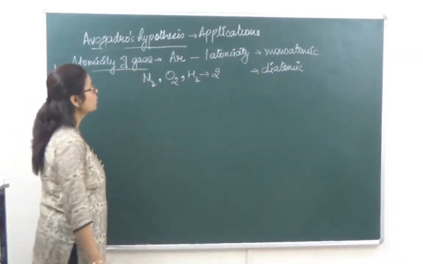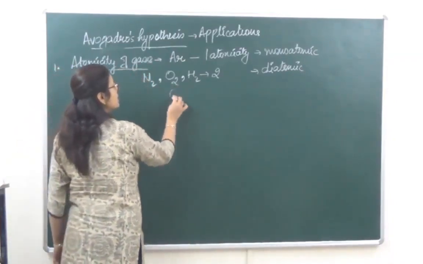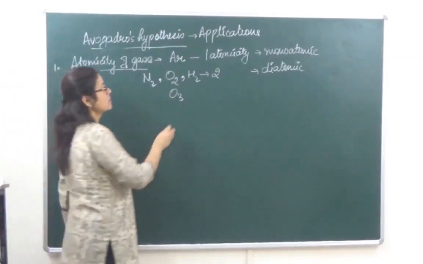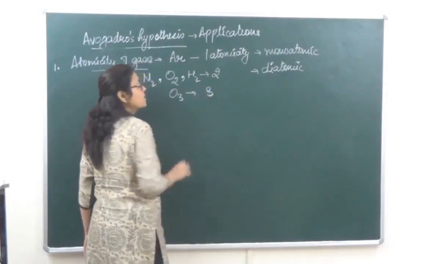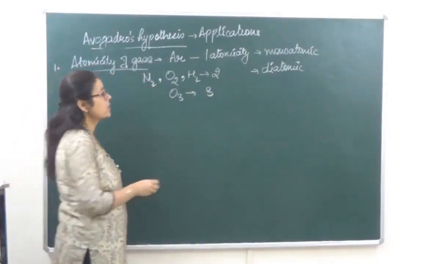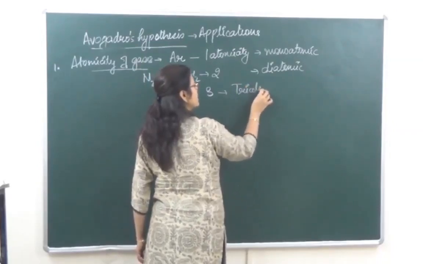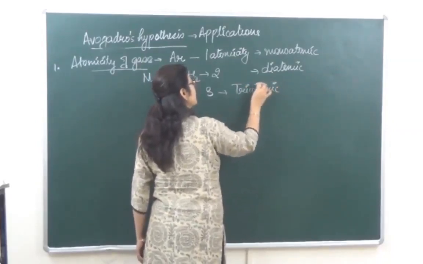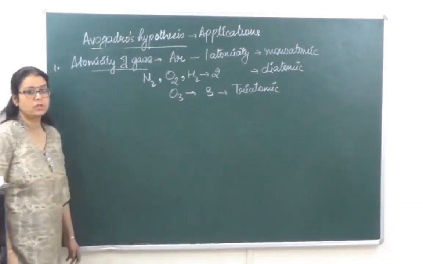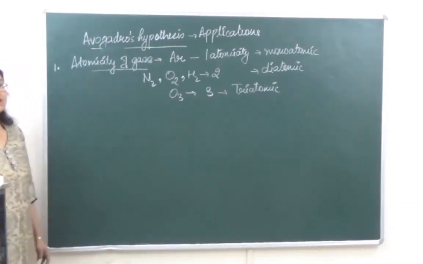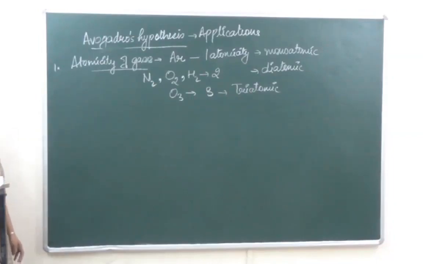Right? Then the third one is ozone. Ozone has 3 atoms. So atomicity is going to be 3, and such gases are said to be triatomic in nature. So Avogadro's hypothesis helped us to calculate the atomicity of gases.